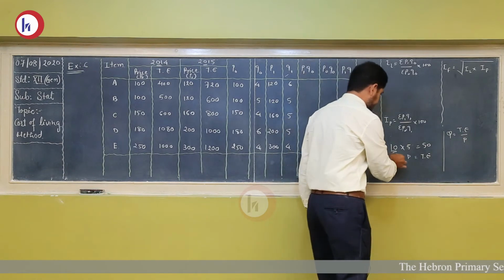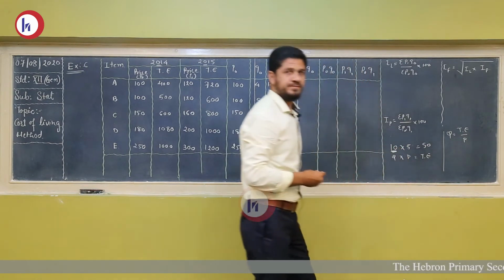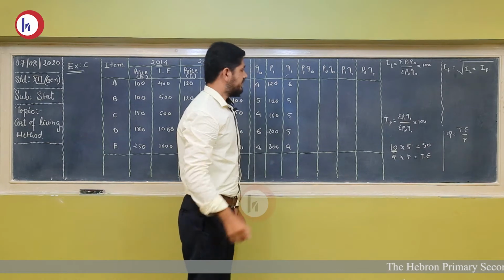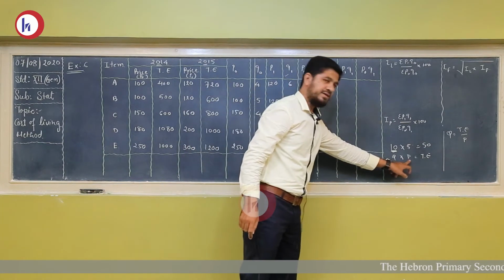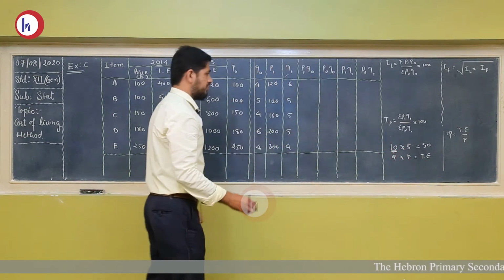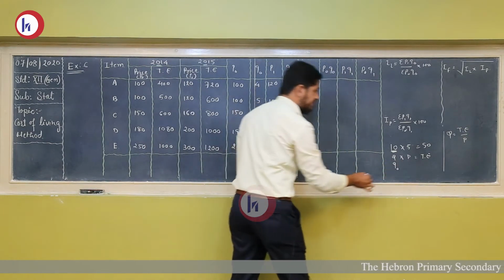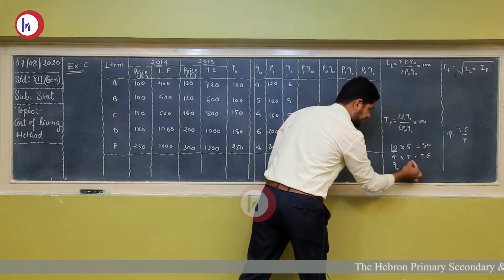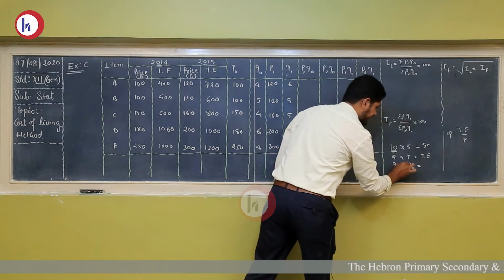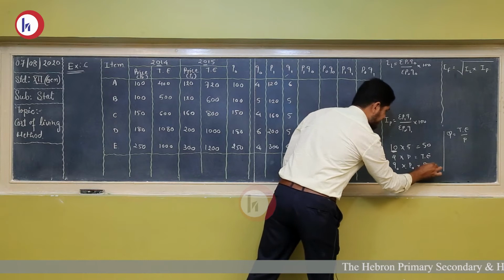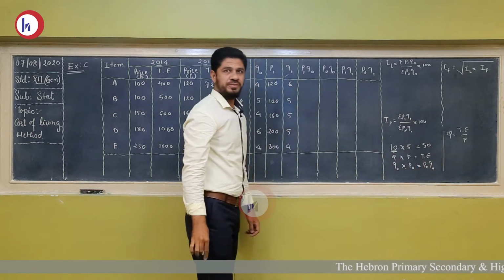Suppose 10 is the quantity, right? And suppose this is the quantity of the base year and this is the price of the base year. Now what we get, the product of that is P0Q0.